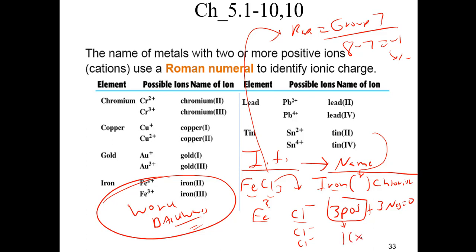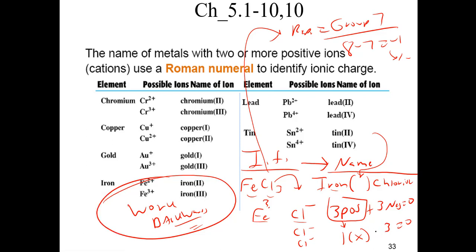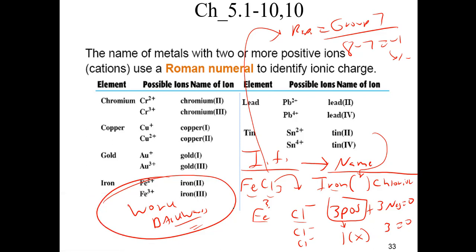then here is our algebra problem. It's going to be 1 of whatever x is plus 3 equals 0. Excuse me. It's not going to be a +3, it's going to be -3. Let me explain.